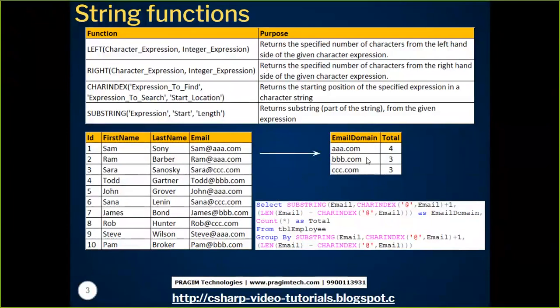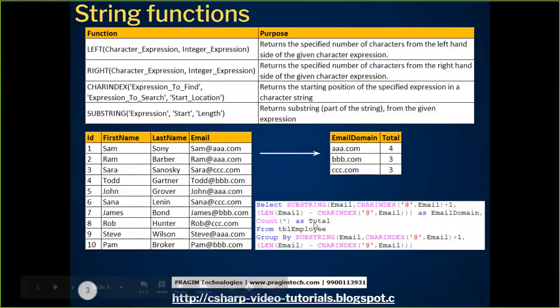What they're doing here is substring the email, find the position of the @, because this is where the domain starts. Just like we did with the first name and last name, instead of the space, now they're finding the position of the @ and then +1. And then the length of the email minus the char index, again the position of the @, as email domain.